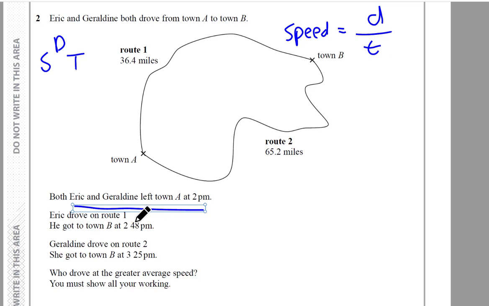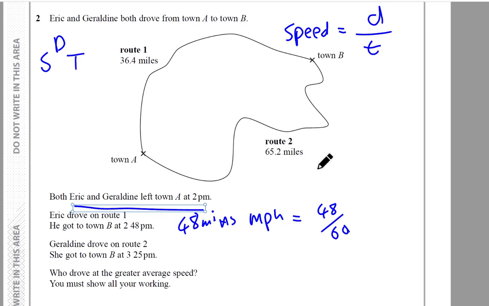You're comparing, so let's look at Eric. So you can see Eric took 48 minutes on route 1. 48 minutes. Now speed is in miles per hour, so we need to convert these minutes out of an hour. So that would be 48 out of 60. We've got the distance for Eric.